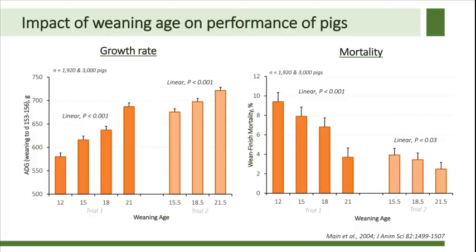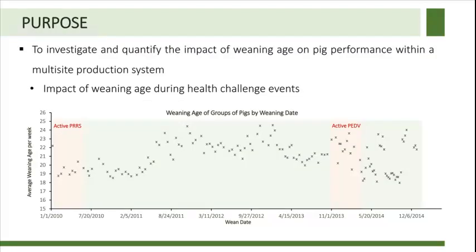So very consistent responses, even though the weaning ages are a little bit different. We can appreciate the variation between those two groups, as is normal in a commercial system. Pigs going to a different location will show different performance because of different stressors and different variables. But that has been shown.